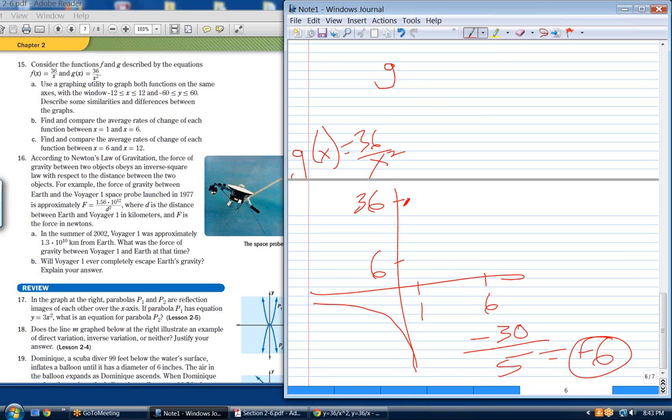I'll give you a start: g of something over what? It's the change in y divided by the change in x. So the change in x, they said, is from 1 to 6.